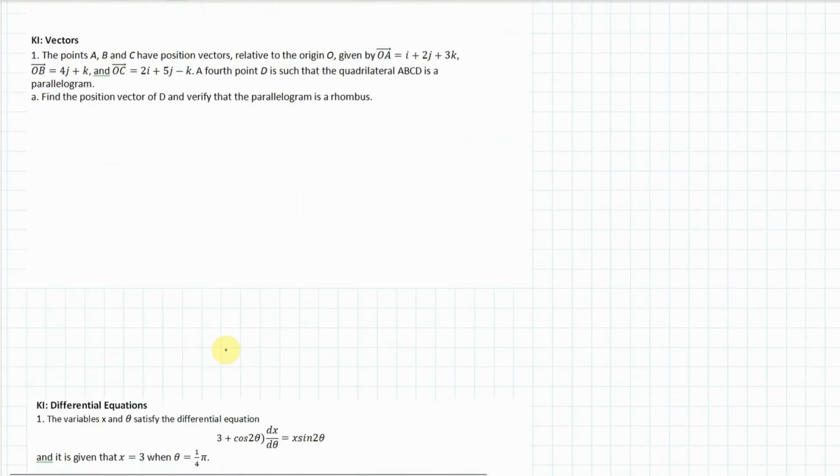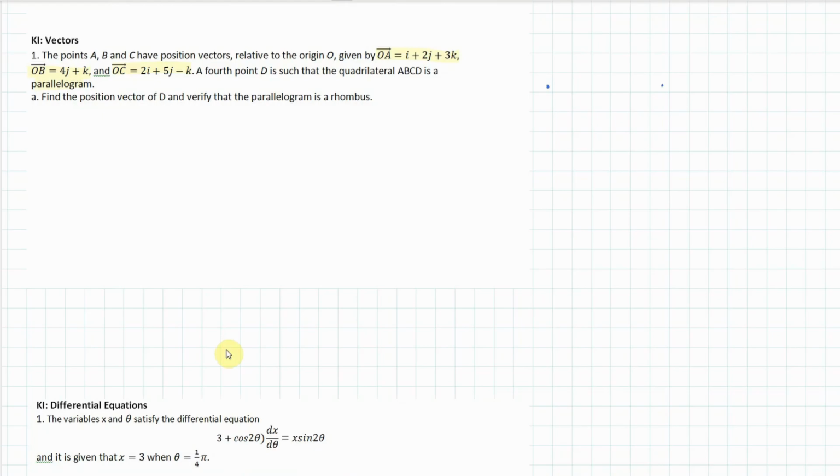Okay, so what have we got here? We've got points A, B, C have position vectors OA, OB, OC, and D is such that the quadrilateral is a parallelogram. Okay, so if we think about that, we're going to have something like this.